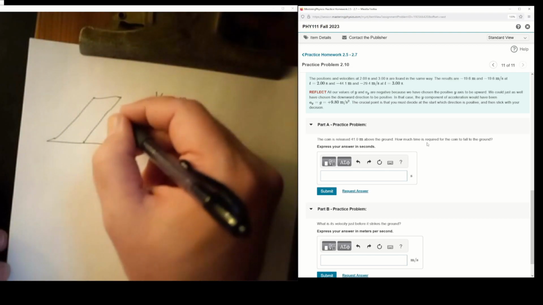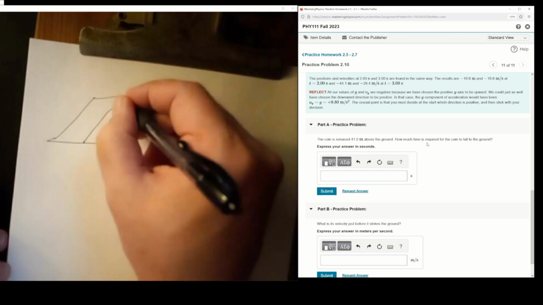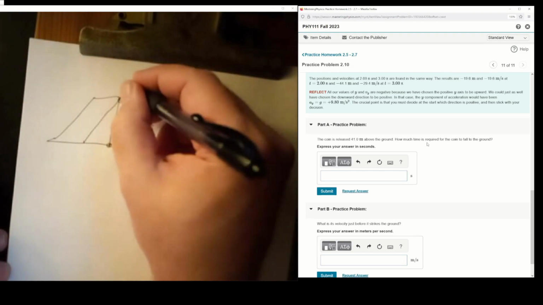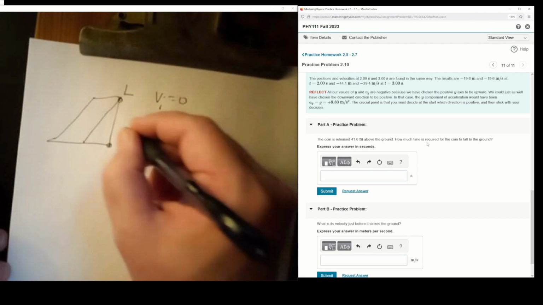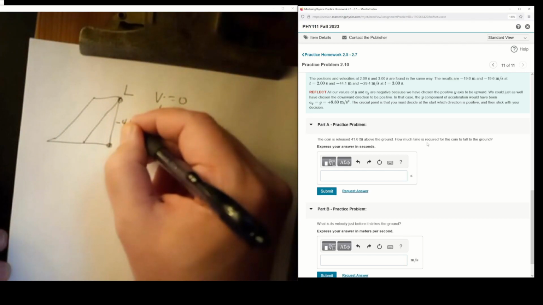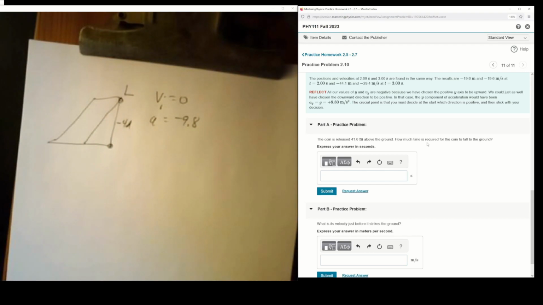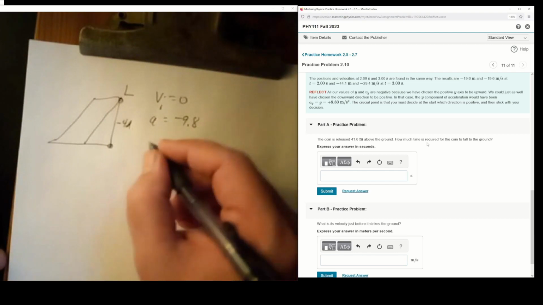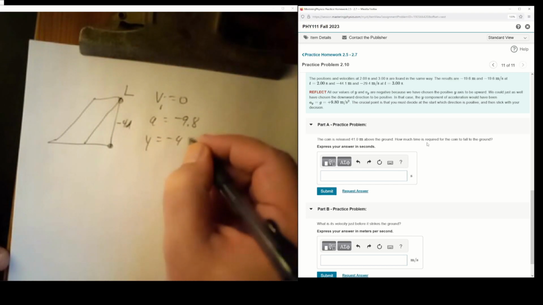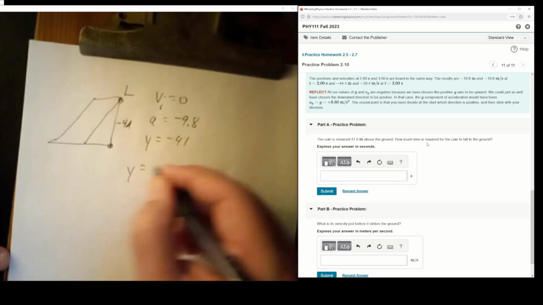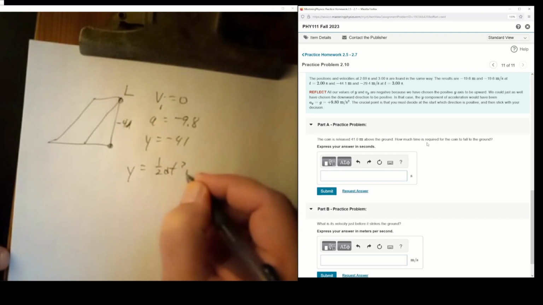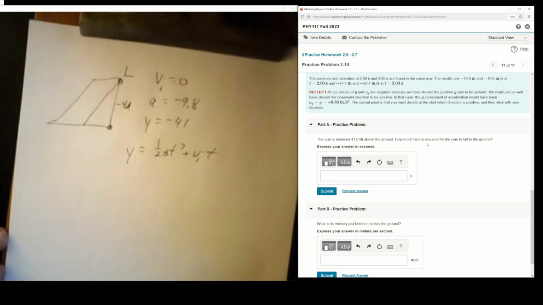41 meters above the ground. So we're going to go from here to here. In a standard coordinate system, that means negative displacement. So we're going to take this as a minus 41. And how much time is required to hit the ground? So again, the common one to use here is this kinematic equation.